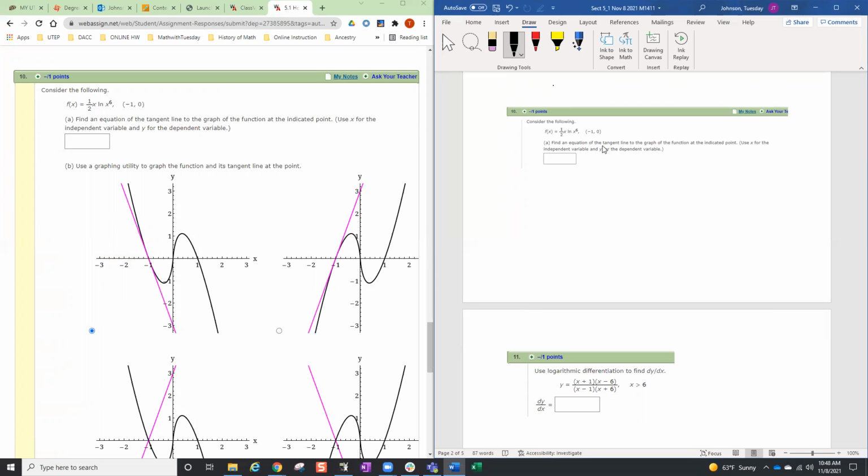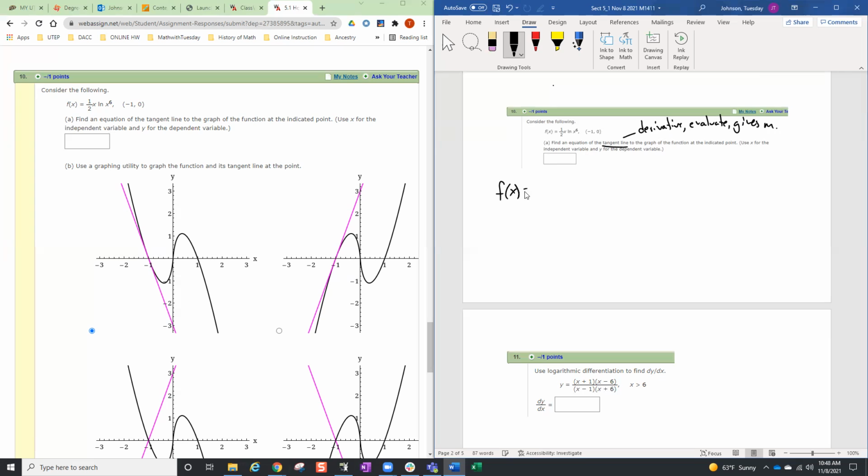Okay, so as soon as I see tangent line, I know I need the derivative, and then we evaluate, and that gives my slope. Okay, so let's find the derivative.